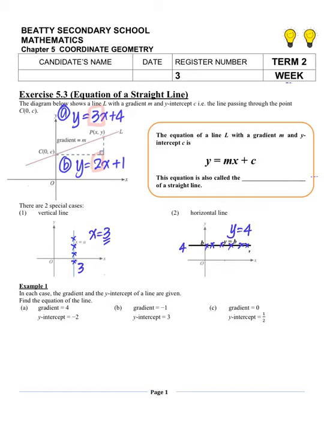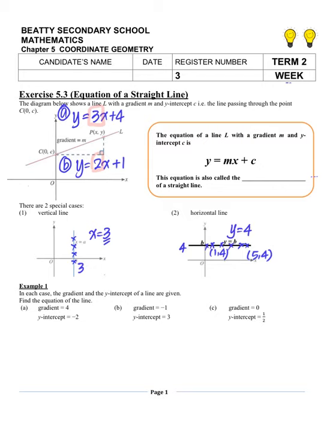For example, you could have a point where x is 5 and y is 4, or x is 1 and y is 4. So for a horizontal line, the equation is y equals b, where b can be any number, whereas for a vertical line, the equation will be x equals 3.